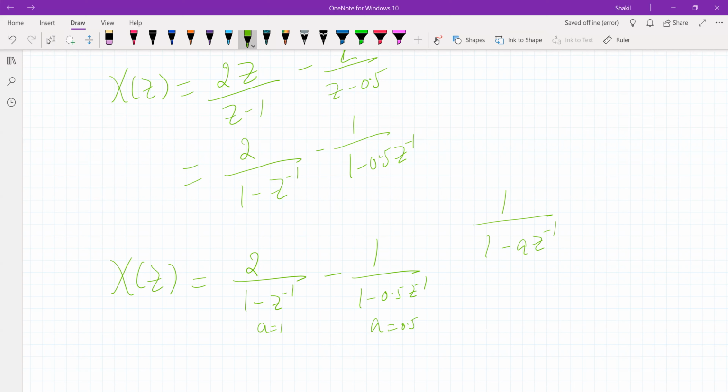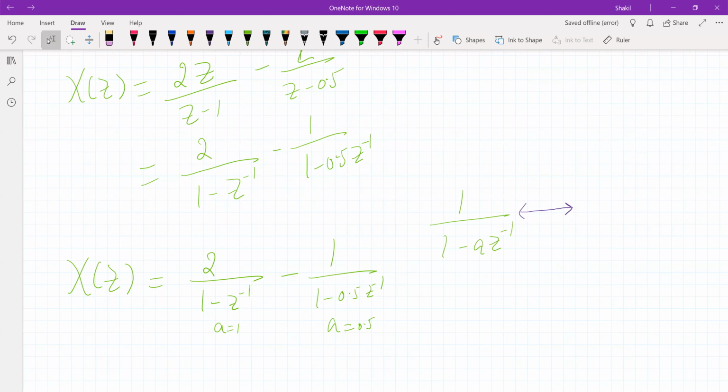Now whatever is the region of convergence, ROC, mentioned accordingly, you can convert this. If ROC here is magnitude of z greater than magnitude of a, then you know this is the z transform of a raised power n u of n.